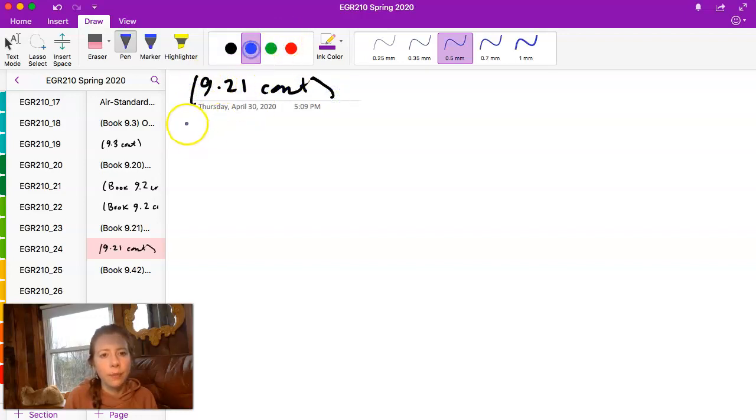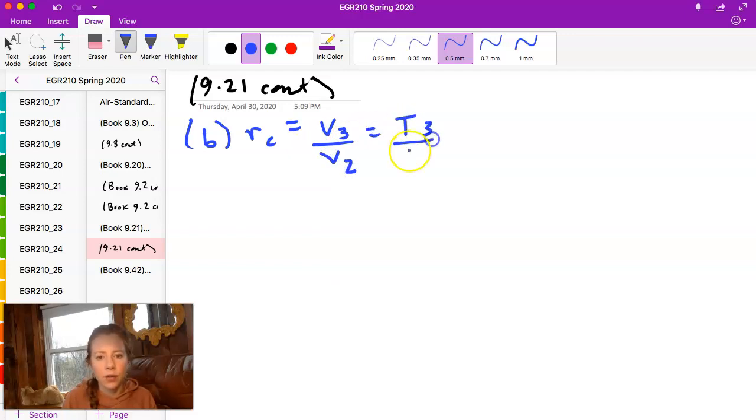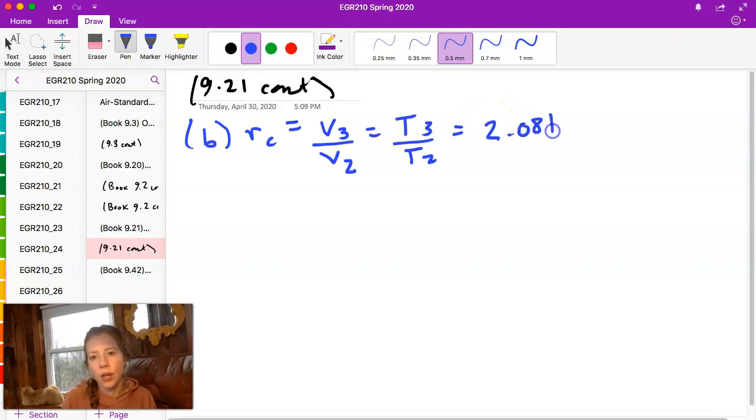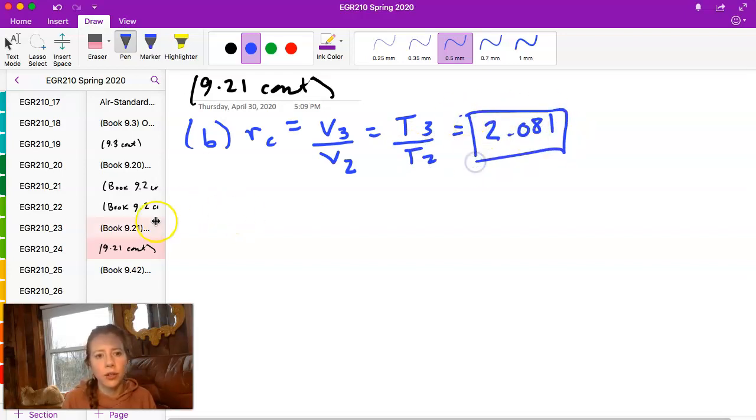All right, so for B, we're looking for r_c, and that's going to be V3 over V2, which is the same as T3 over T2, which is going to be 2.081. So that's another decrease compared to our last problem, 920.